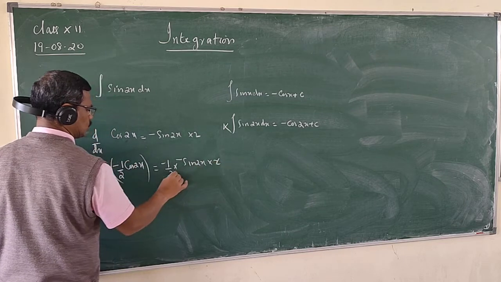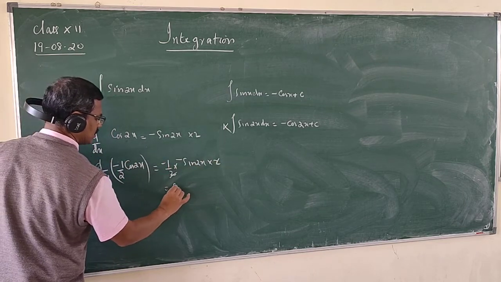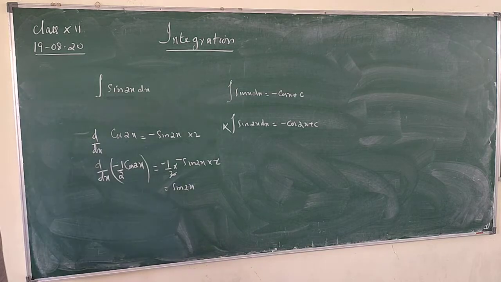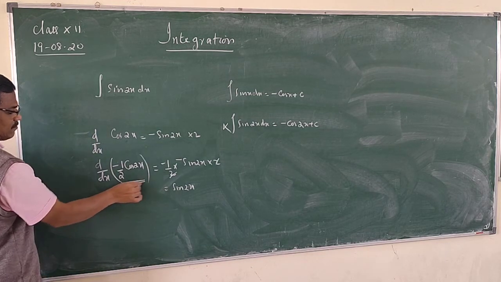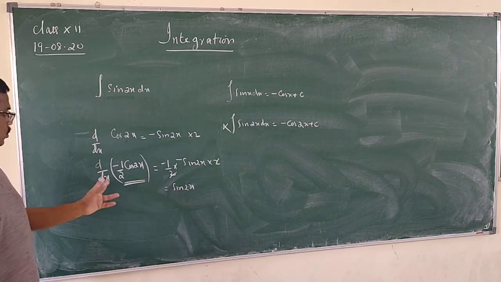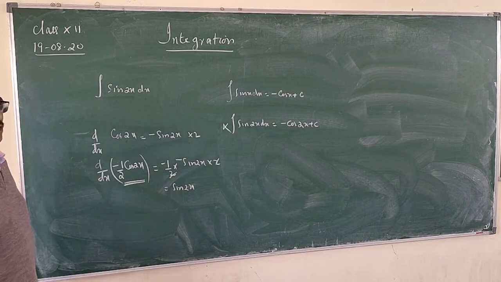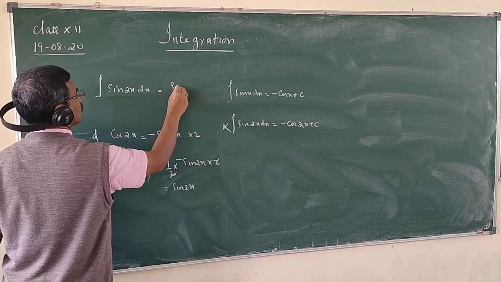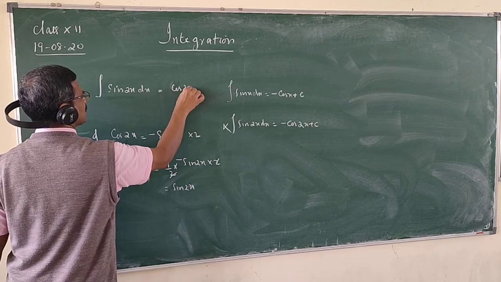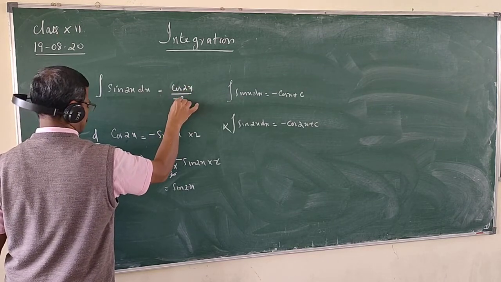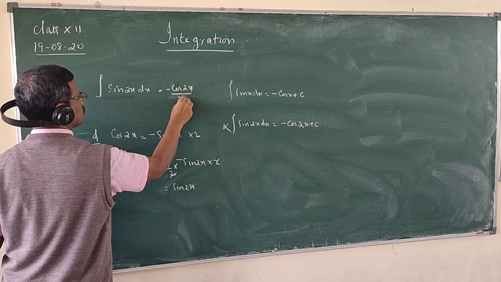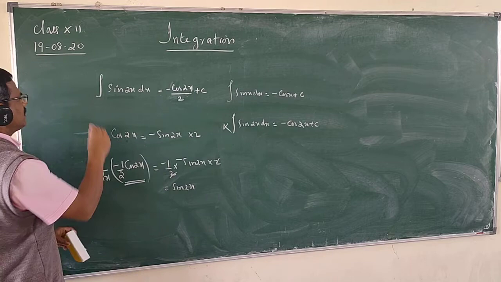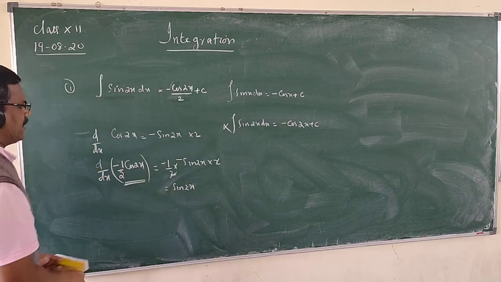So these 2s cancel and minus times minus gives sin 2x. This is the function whose derivative is sin 2x. So the answer should be minus cos 2x by 2 plus c. Yes, keep it like this.